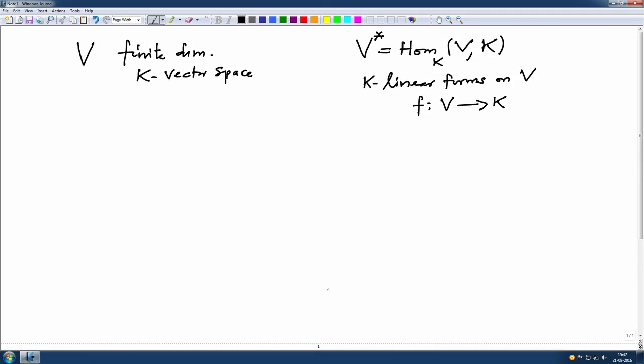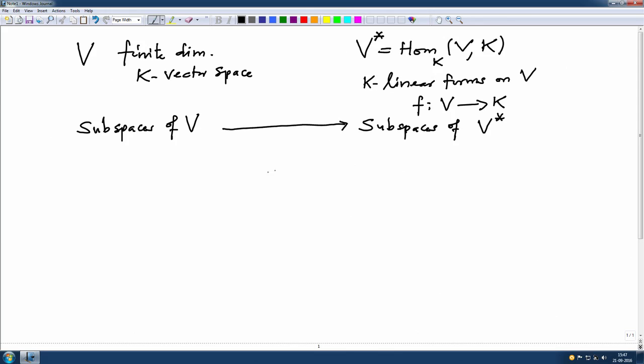And what we have seen in this case is to study the subspaces of V and subspaces of V star on the other hand. We gave a map in this direction and also a map in this direction.